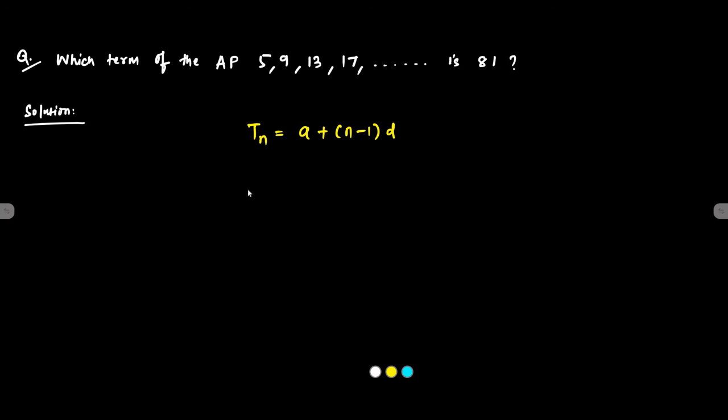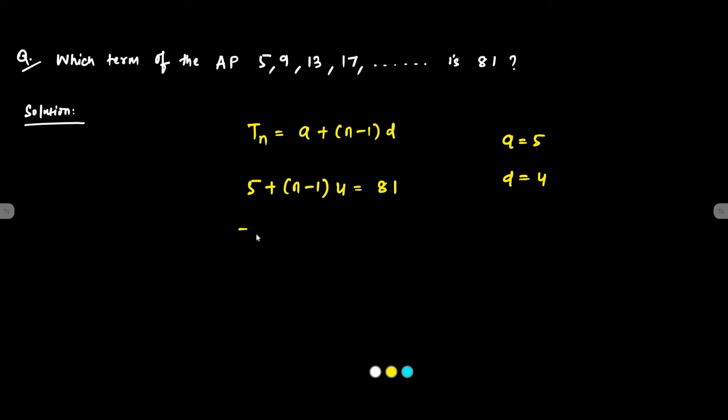We have the first term equal to 5. The common difference is 4. So we'll put the values, we'll put 81 here. So we have 5 plus n minus 1 into 4 is equal to 81.